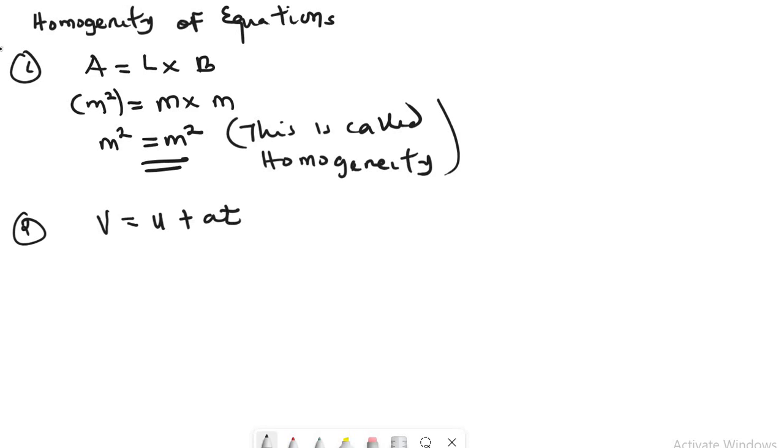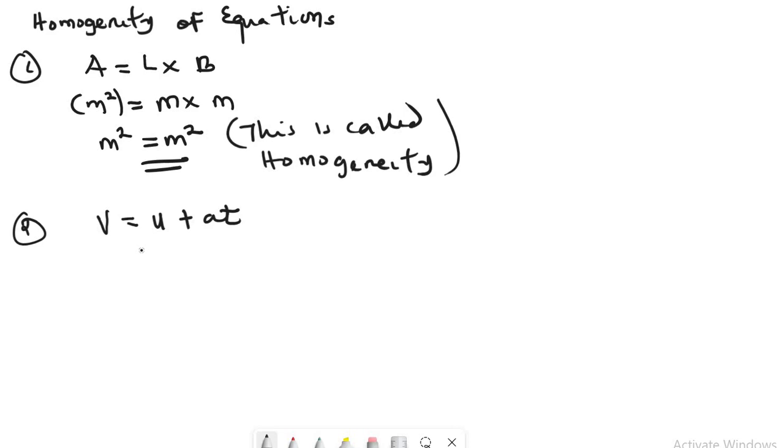Now let's see whether this equation is dimensionally correct. When the left-hand side and the right-hand side are balanced dimensionally or in terms of physical quantity, then it's homogeneously correct.